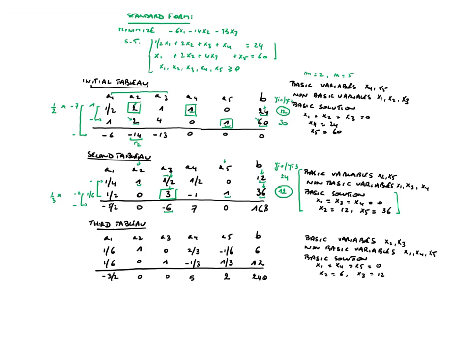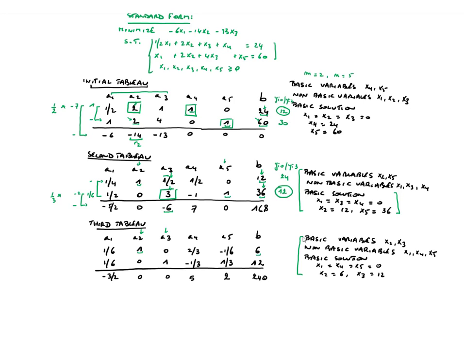So after calculation you obtain this third tableau, and you can see again that there are of course two basic variables, and this time they are x2 and x3, and the other variables are non-basic. The basic solution is obtained by setting the non-basic variables to 0, and you can read the value of the basic variables from the tableau.